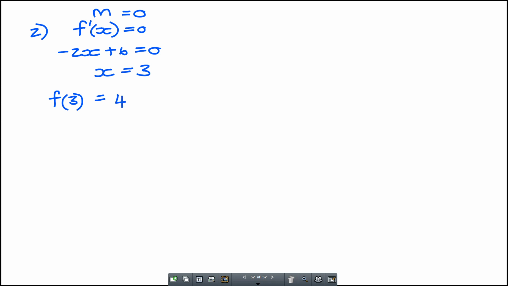Nee, maak dit sin wat ek hier skryf. That means the value of 3, I substituted into the place of x at fx, the original equation. Okay. And then they say, okay, turning point will then be where x is 3 and y is 4. Sien julle? You guys good?